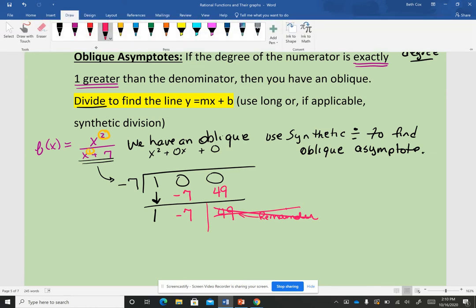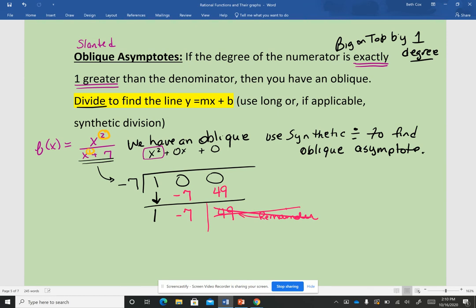Also remember that when we started out with an x squared, we do a division, we have a plain x. And so our asymptote is y equals 1x minus 7. Remember, that's in the format of a slanted line, mx plus b, 1x minus 7.